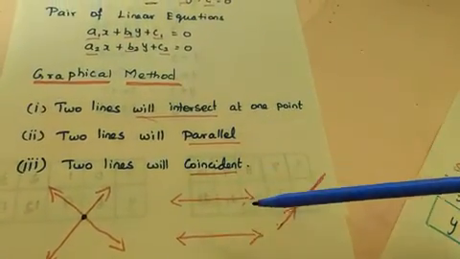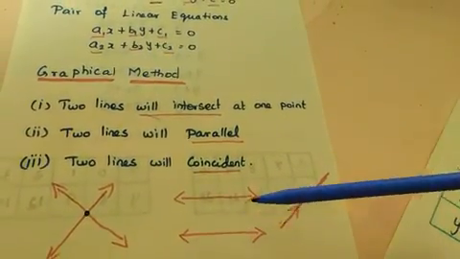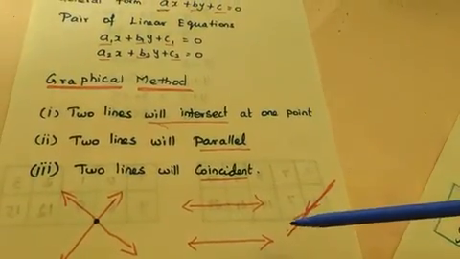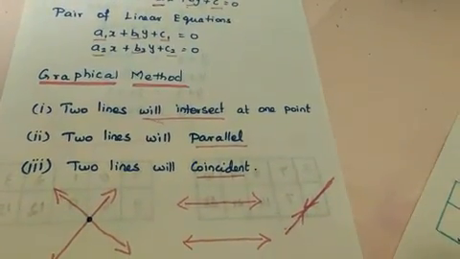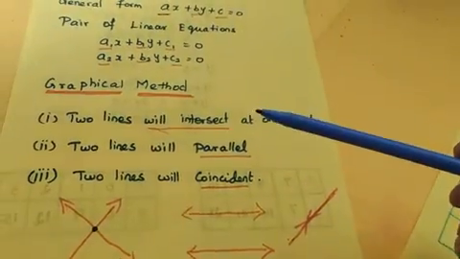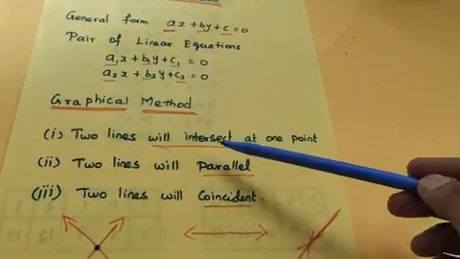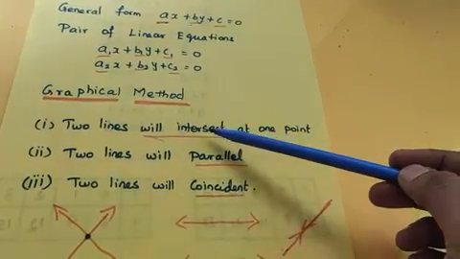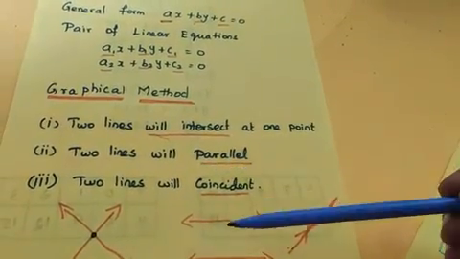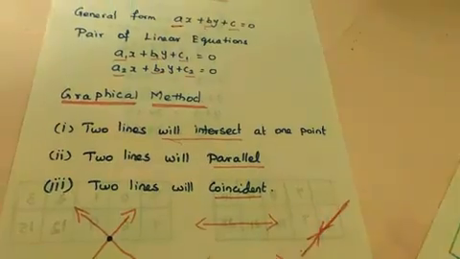So from the graphical method we can identify and conclude this also, right? That we are going to see in the next topic. The first exercise is based on the graphical method, where we identify whether the lines will intersect, be parallel or be coincident or not, right?